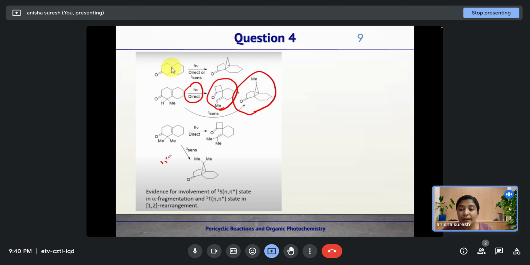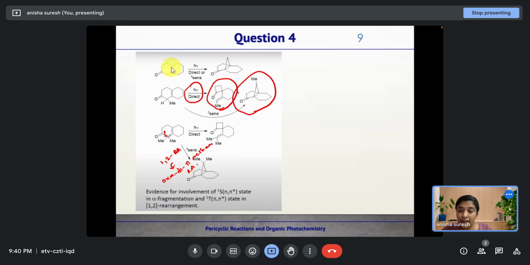Here a 1,2 rearrangement is taking place, that is the oxadi-pi-methane rearrangement. Whereas here, first an alpha fragmentation will take place and then it will recombine, giving this cyclobutanone.